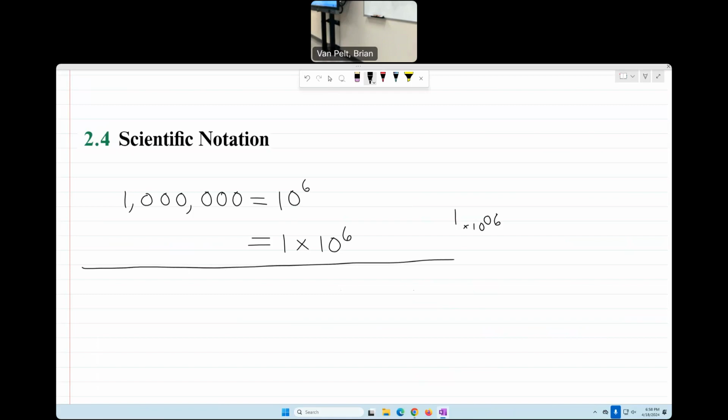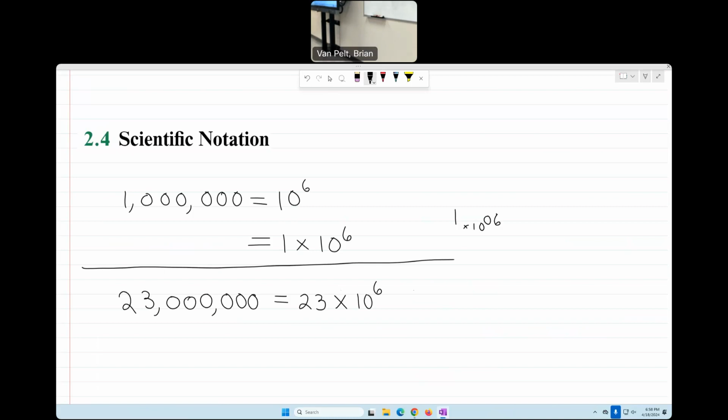Instead of 1 million, I'm going to do 23 million. Now, what you might try to do is write 23 with 6 zeros.